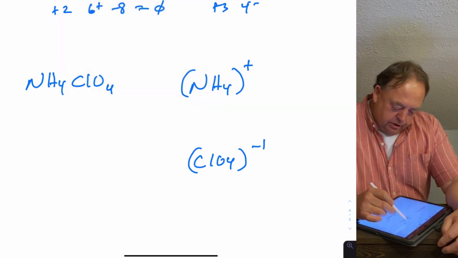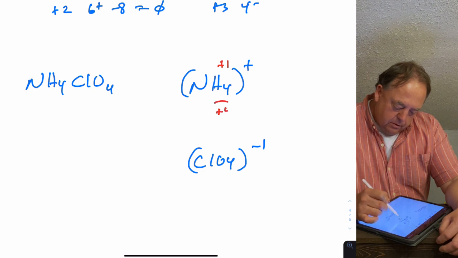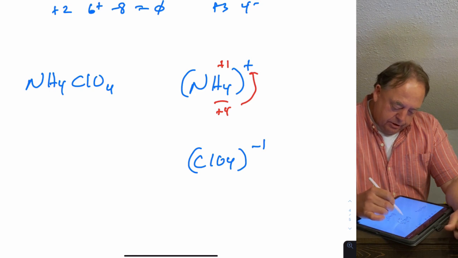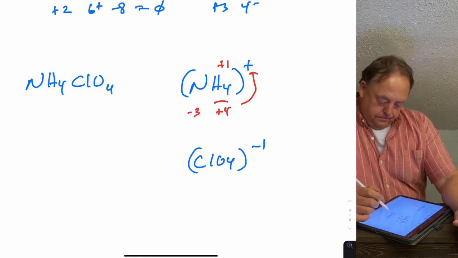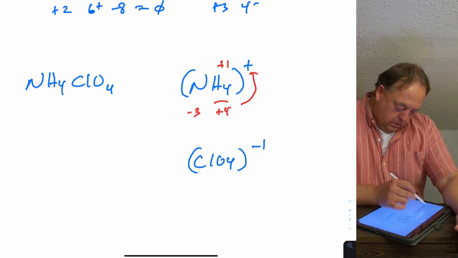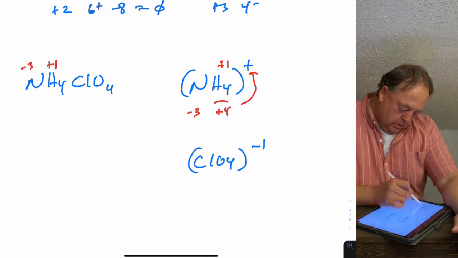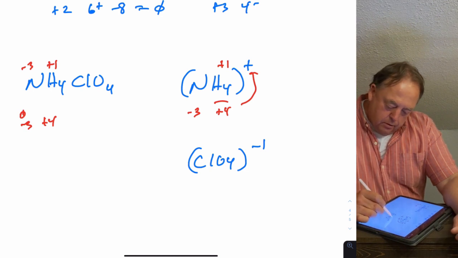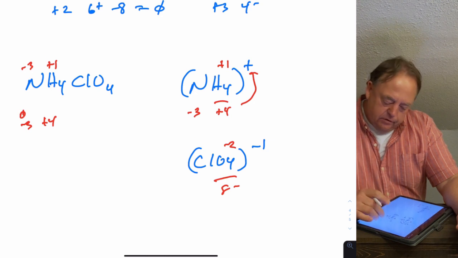Okay, so for oxidation numbers, hydrogen's +1, so that would be 4 positives. And it has to sum to +1, so then nitrogen must be -3. So -3, that's +4. And so for ClO4, oxygen's -2, so there's 4 oxygens, so that's 8 negatives total.